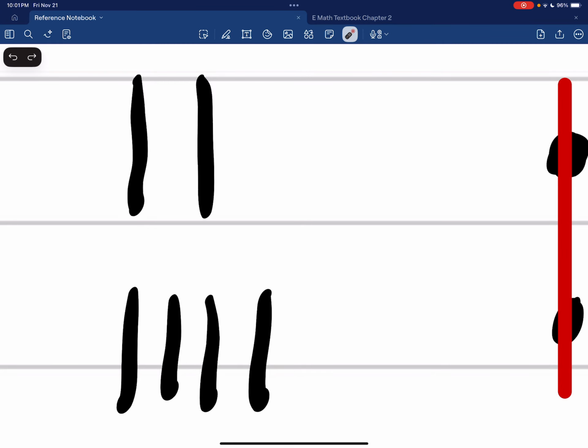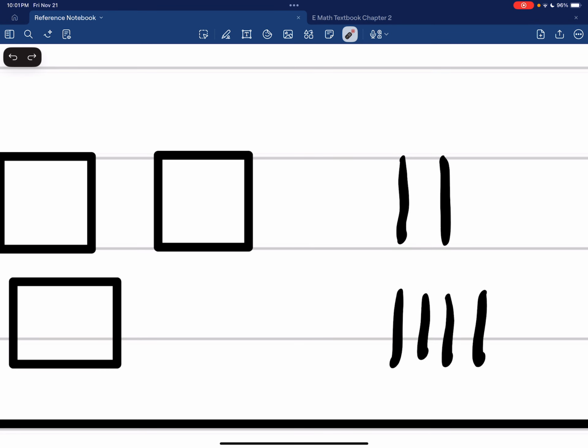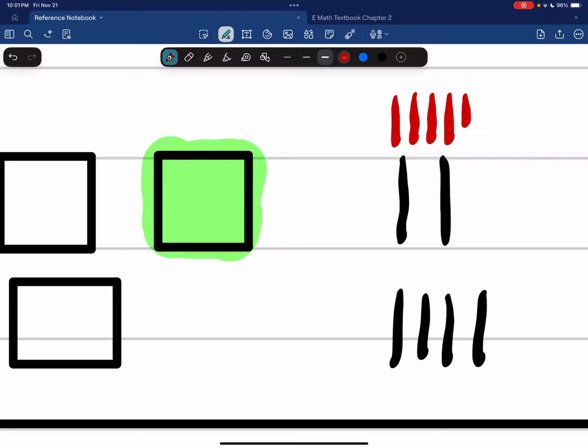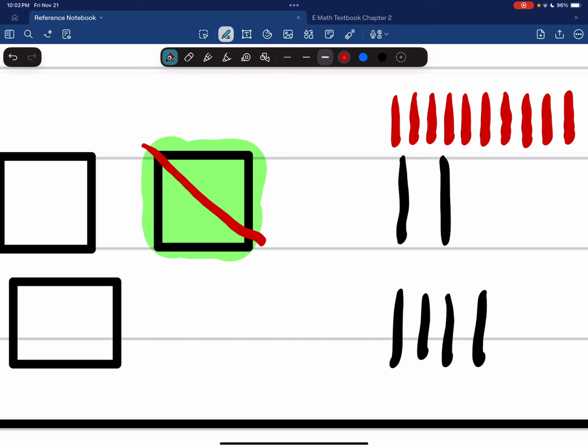Better borrow. So let's move over here, and we're going to take one of those flats. So I'm going to rename this flat as 10 rods. So 1, 2, 3, 4, 5, 6, 7, 8, 9, 10. I have renamed it.